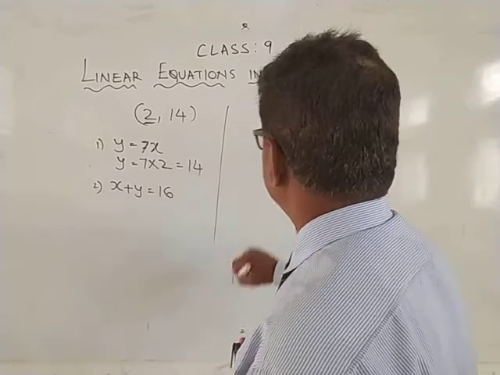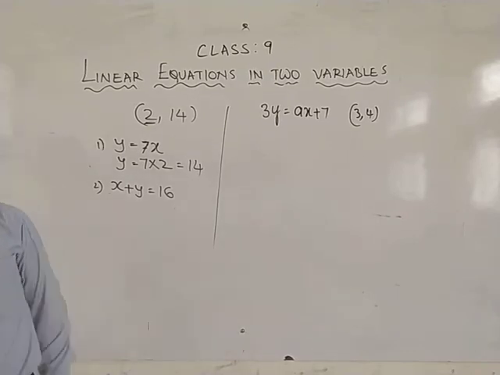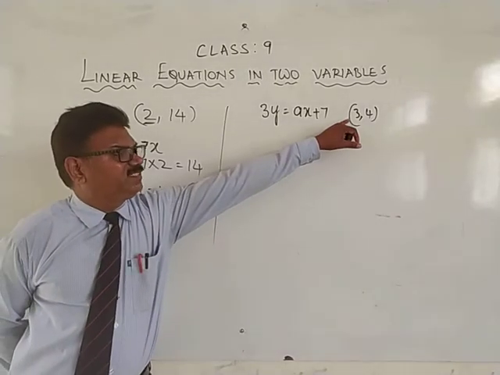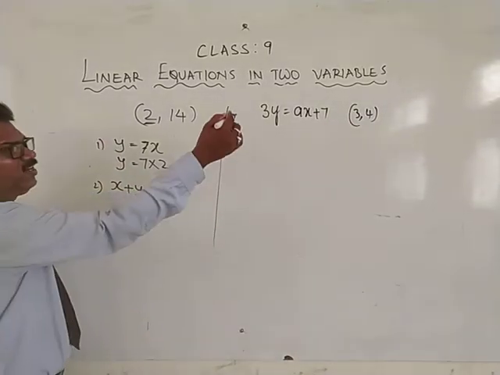What did you understand by this problem, 3 and 4? You tell me. He has given 3 and 4. Means we should take the value of x as 3 and y equal to 4. Then we can find out the value of a.